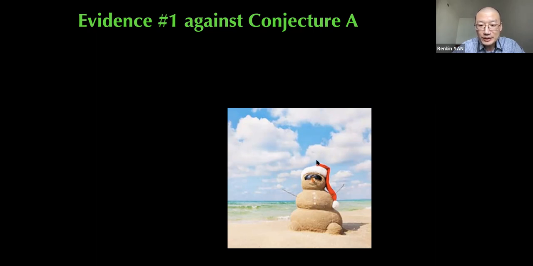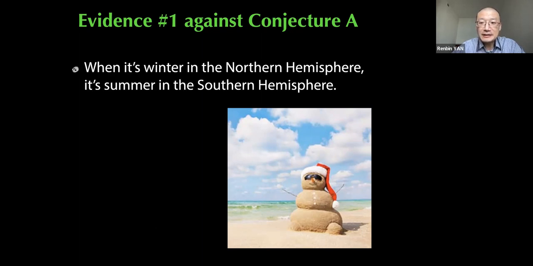So for example, during the time of Christmas, it is cold in the northern hemisphere, but it's actually really hot in the southern hemisphere. So the northern hemisphere of the Earth and the southern hemisphere have opposite seasons. And this is a very strong argument against conjecture A, right?